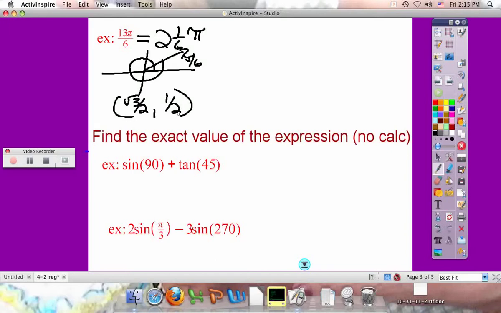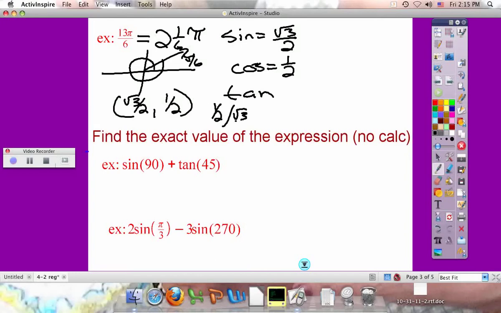So find all 6 trig functions. Sine, square root 3 over 2. Cosine, 1/2. Tangent, you got to divide again. 1/2 divided by square root 3 over 2, which changed to 1/2 times what?